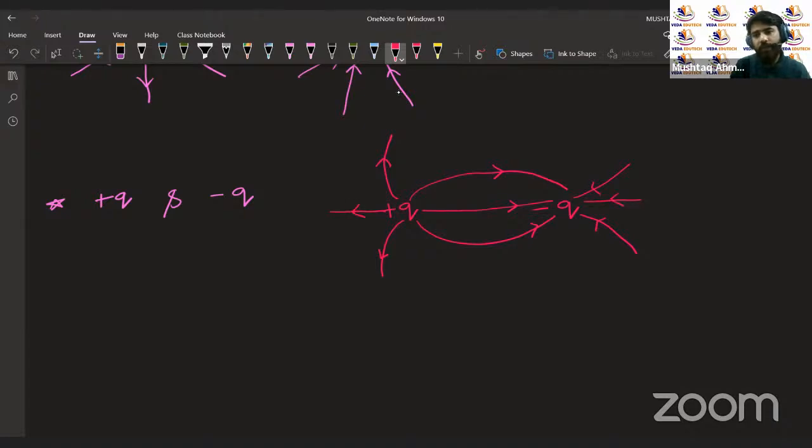So in this case, we can see that all the electric field lines originating from plus Q charge are terminating on the minus Q charge. We can say that the magnitude of plus Q is equal to the magnitude of minus Q charge, right?